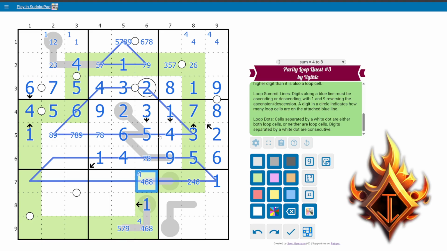But that's the only place for 9, because that had to be even. So we'll make it 9. Okay, so now we're descending, which is good. Which means it can't be 5. Which means there's a 7 up there. Which means this is 5.